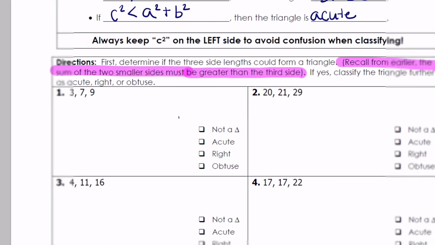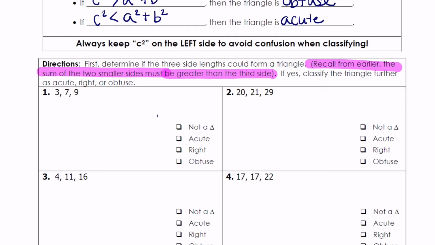So if the sum of the two smaller sides is less than the third side you're given, it's not a triangle. We'll do an example of that here in a second. So then if it is a triangle, we need to classify it as acute, right, or obtuse.